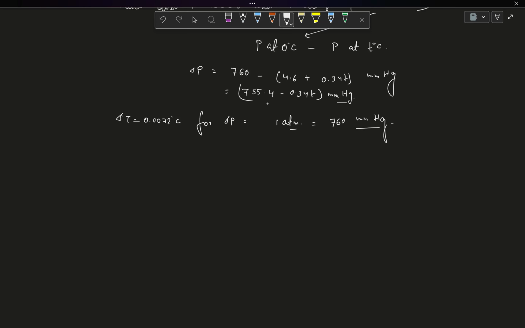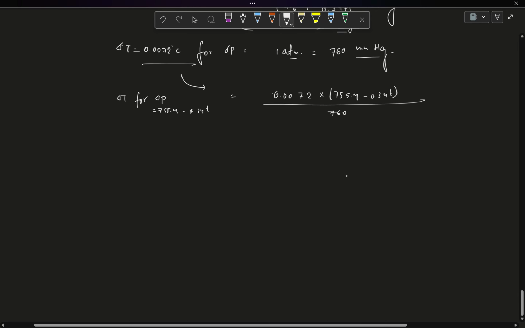Now, how much is the temperature change associated with this pressure change? For delta P equal to 755.4 minus 0.34 T, the temperature change is 0.0072 into 755.4 minus 0.34 times T divided by 760.